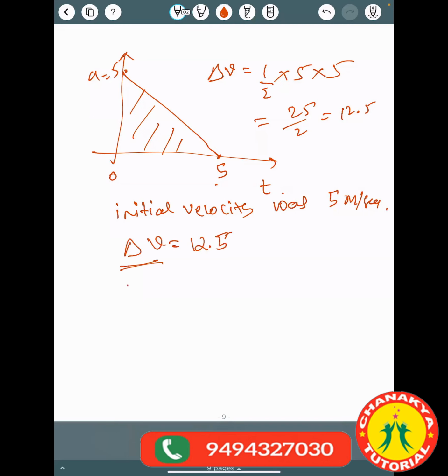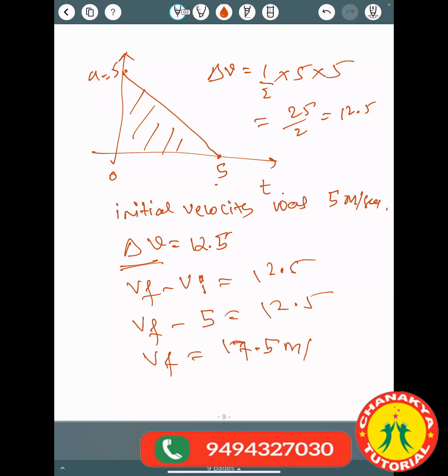So delta V means what? V final minus V initial equal to 12.5. V final we want, V initial is given as 5. So V final is equal to 12.5 plus 5, 17.5 meter per second.